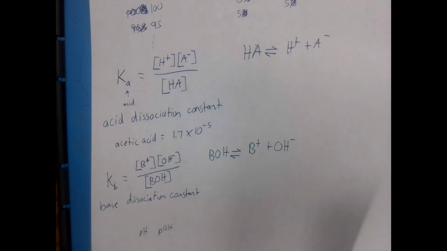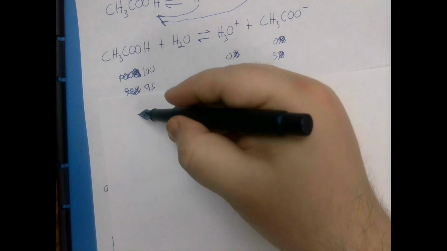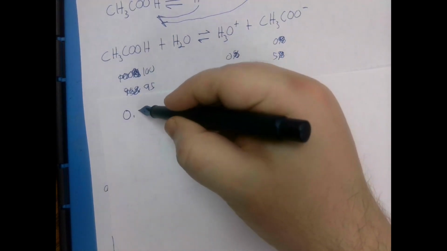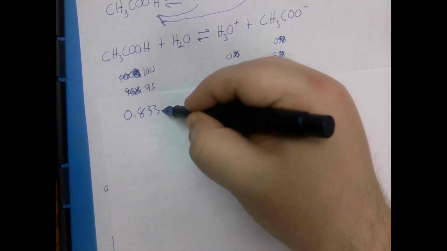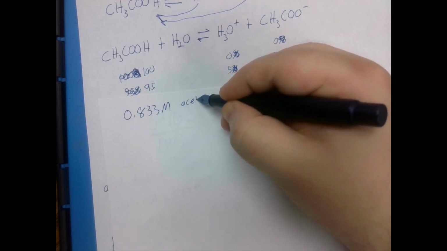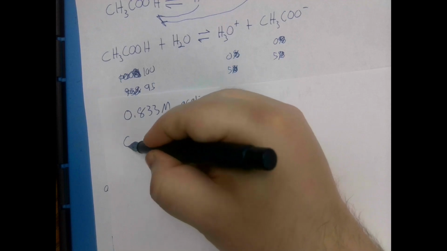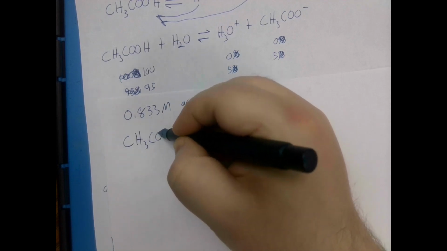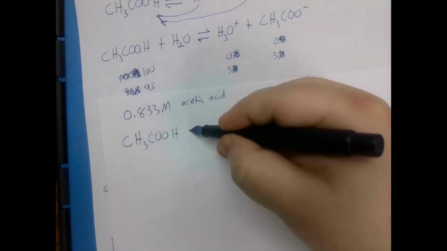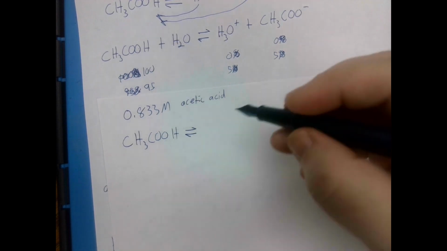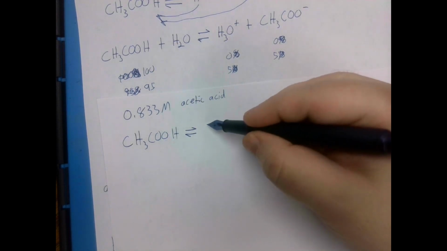Good. So let's go back. We have 0.833 molar acetic acid. Our equation is CH3COOH. And yeah, acetic acid is written weirdly. They put the H on the right.